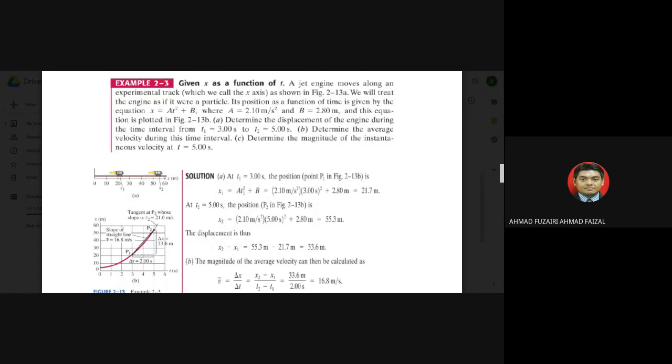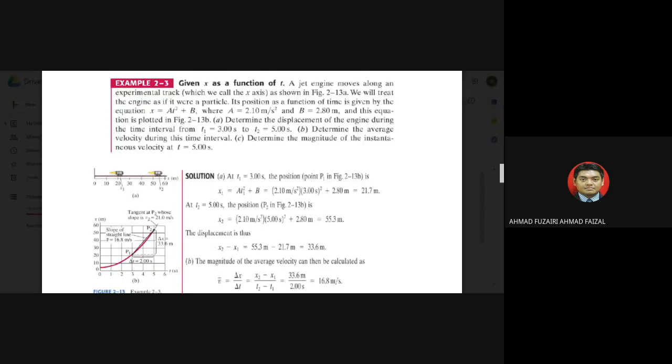Tapi in the end, sebenarnya kalau tengok for solution for part A, dia buat macam mana? So x is equivalent to at square plus b, itu dia bagi function, and then of course dia replacekan t dengan time yang ada, which is 1 untuk 3 second, 1 untuk 5 second. So maksud dia x2 dengan x1.